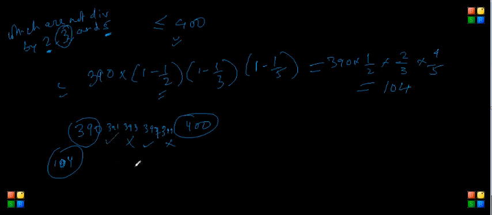So we get 2 additional numbers in the range of 390 to 400 which are not divisible by 2, 3 and 5. So if I add 2 to the number 104, I get the total, which is 106, which are less than or equal to 400 and not divisible by 2, 3 and 5.